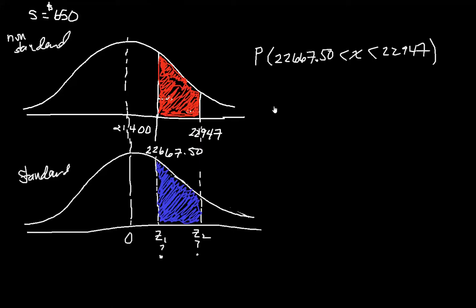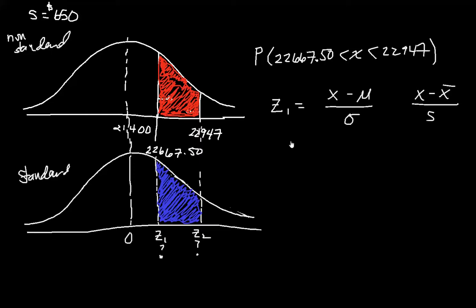So my first job is to find what z1 is, and the formula that you see in the notes and in the lessons is z equals x minus mu over sigma, or since we can pretend that it's a sample, it's the same as x minus x bar, the mean, over s.